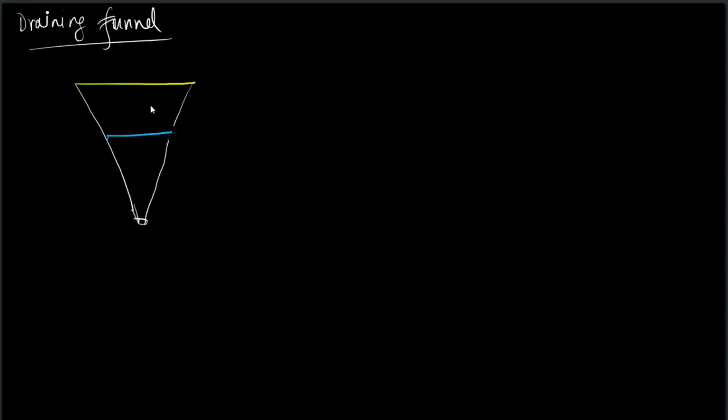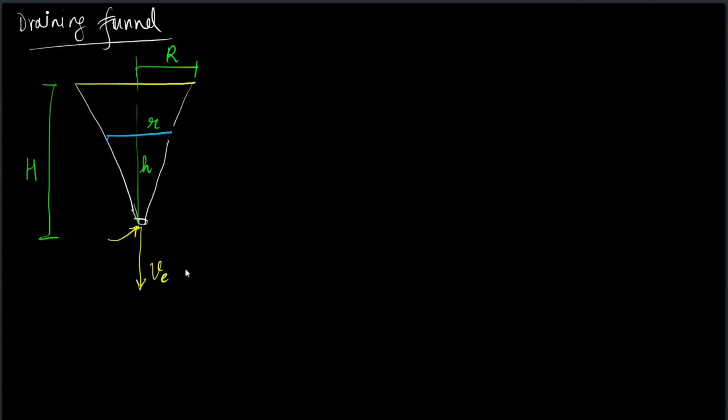So this funnel is open. The area of exit is quite small compared to the entire base diameter. Now it is given that the base has a radius R. At any point of time, the radius is small r and the height is small h, and this height is equal to capital H. Now, why does liquid flow from this point?